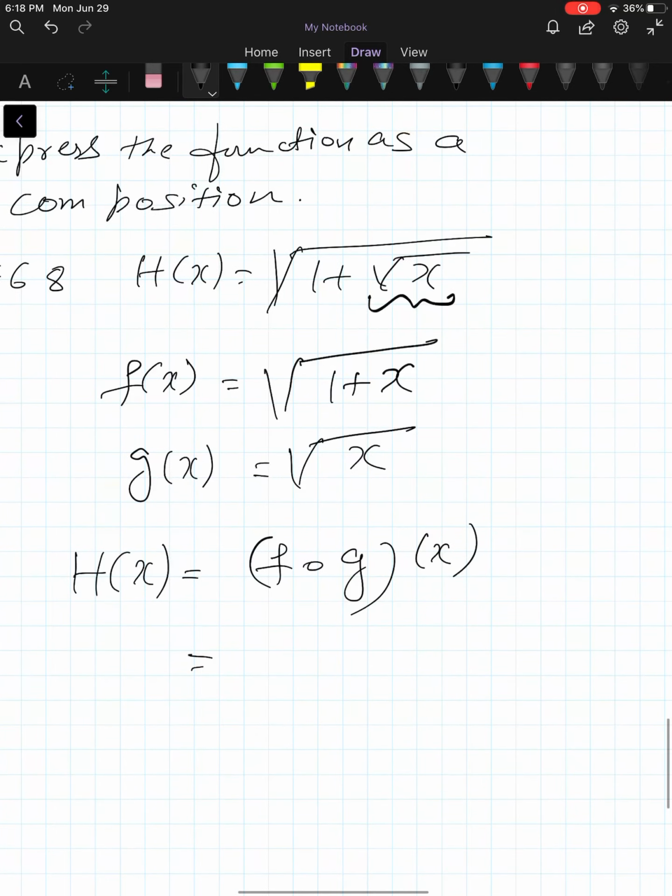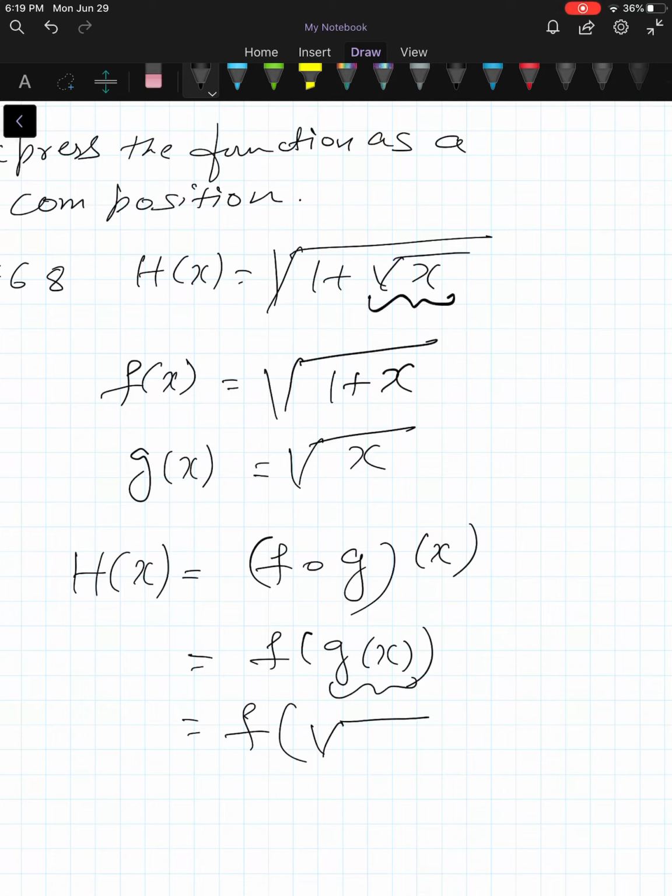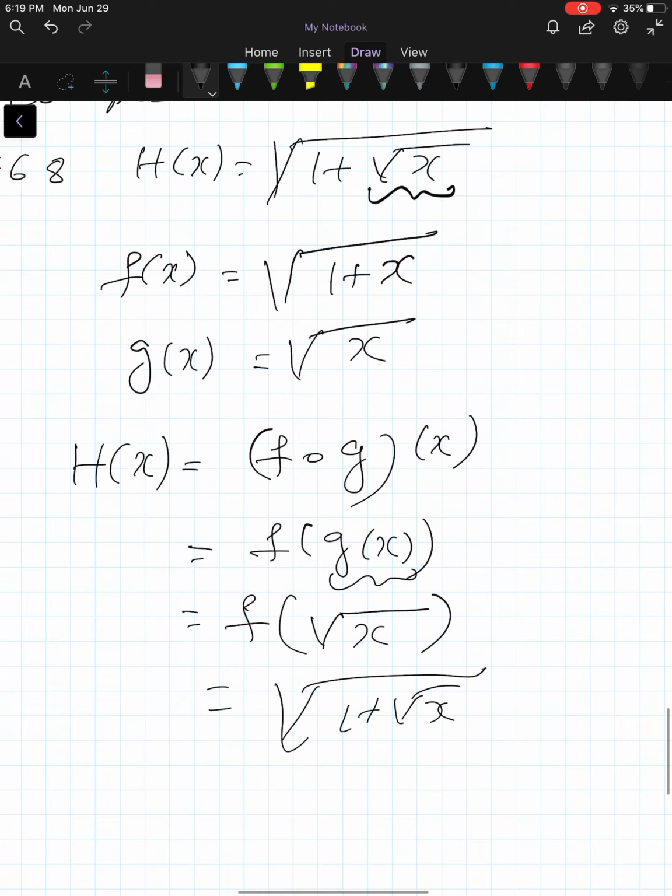Let us verify whether we get the same answer. g of x is nothing but square root of x, right? f of square root of x is nothing but square root of 1 plus square root of x. Yes, we are getting back the capital H of x function.